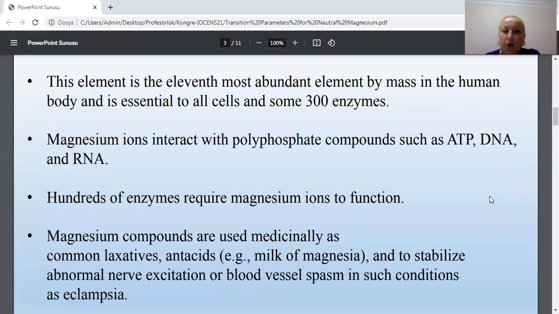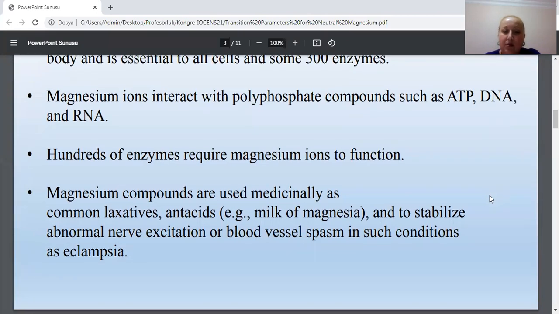Hundreds of enzymes require magnesium ions to function. Magnesium compounds are used medicinally as common laxatives, antacids, milk of magnesia, and to stabilize abnormal nerve excitation or blood vessel spasm in such conditions as eclampsia.